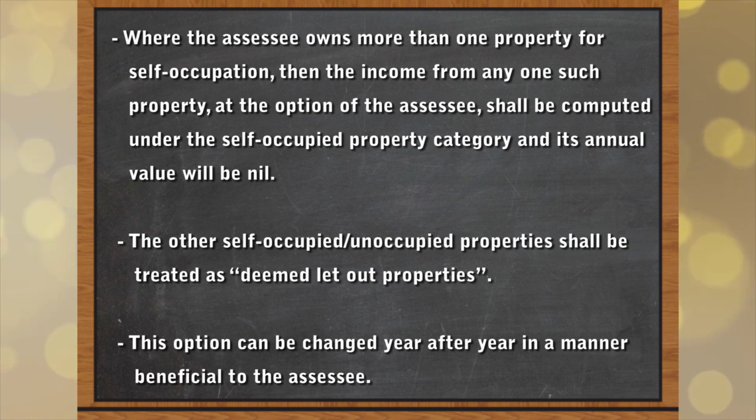The other self occupied or unoccupied properties shall be treated as deemed to be let out properties. The option can be changed year after year in a manner which is beneficial to the assessee.